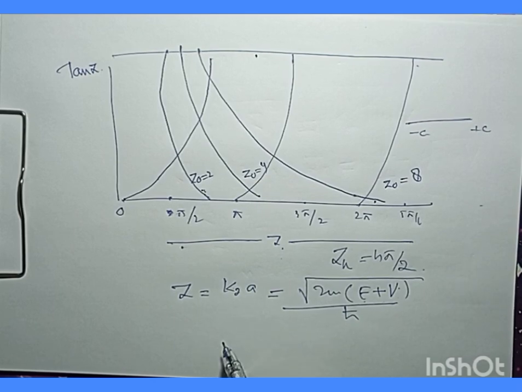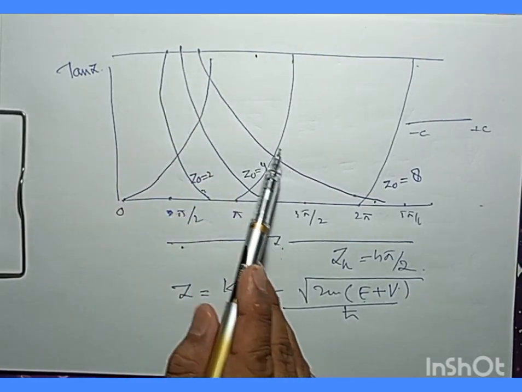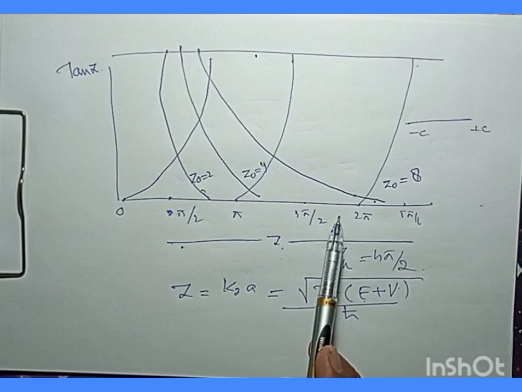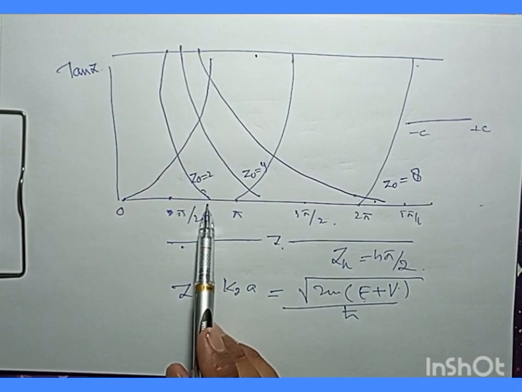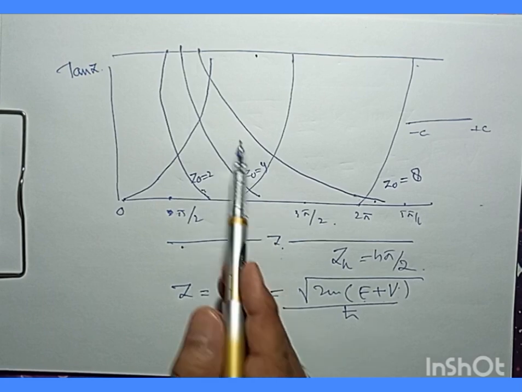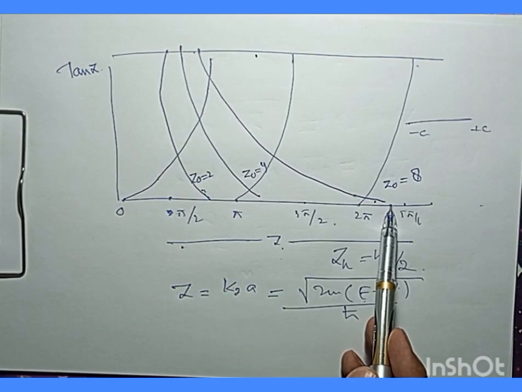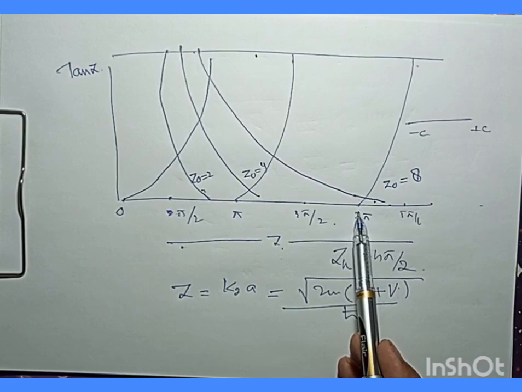So what we expect here is that for large z naught, the curve goes to the higher end, and for small z naught, the curve goes to the smaller end, and this is the reflection of the infinite square well, which we have already discussed, where the particle has only some discrete energy states.